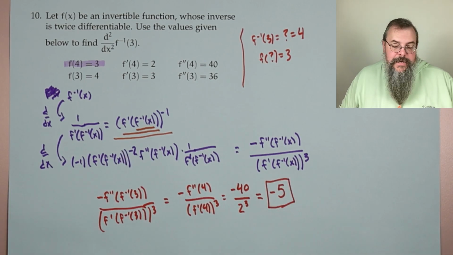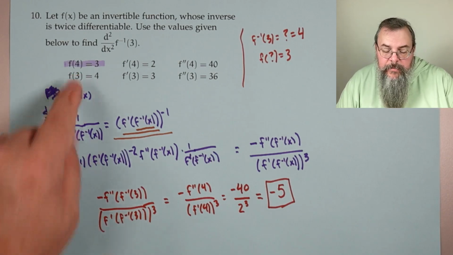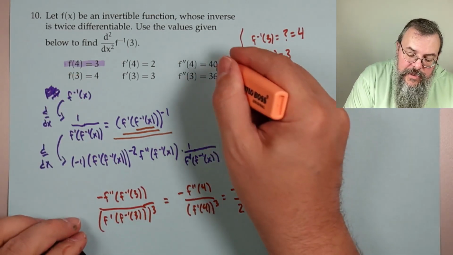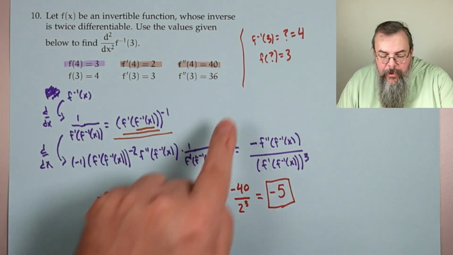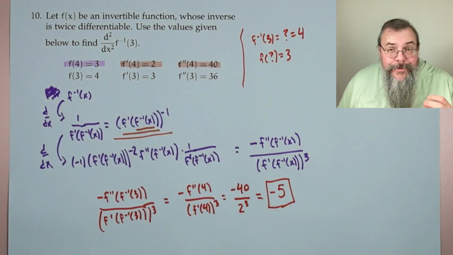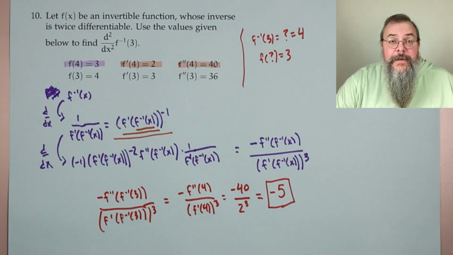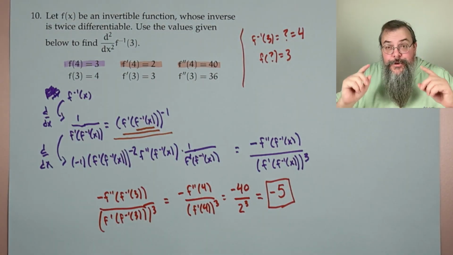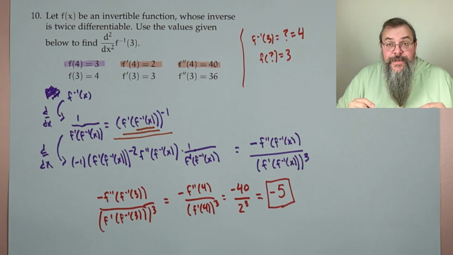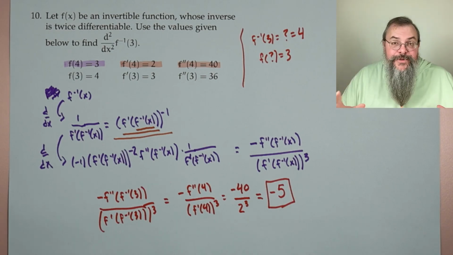There we go. And so, if you look at it, what did we use? Well, we used this information to figure out f inverse is 4, and then we used that information. And I say, well, wait, why did they give us all of that? It was a red herring, right? They'll give you some information. You may not use all of it, because part of it is saying, do you know what information you're supposed to be using? And if you don't, that means you haven't mastered the tool.